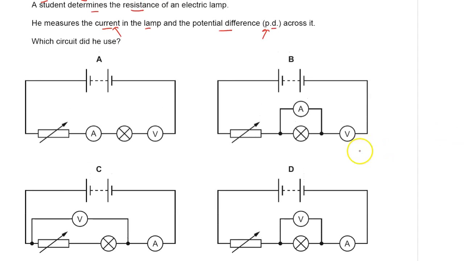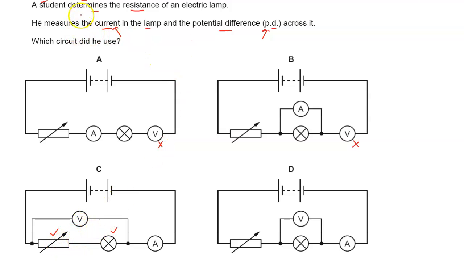In A, you can find that the voltmeter is in series with the lamp, and that is not correct. Also, in this one, the voltmeter is in series. That is wrong. Here, the voltmeter is across the variable resistor and the lamp, so it is measuring the voltage across both of these.